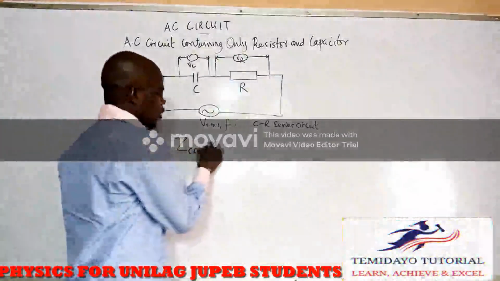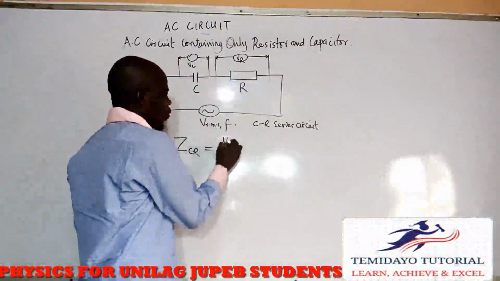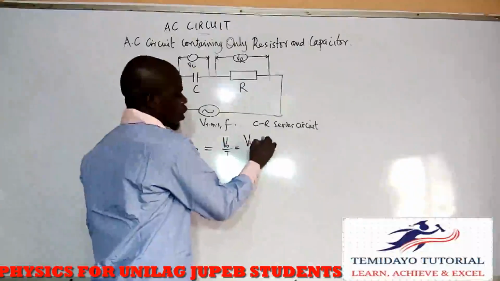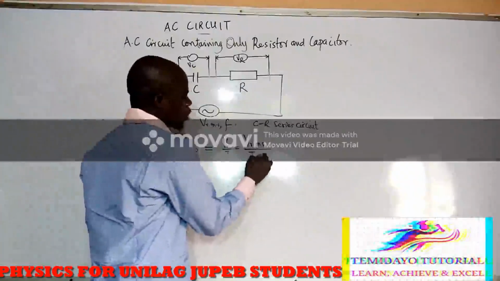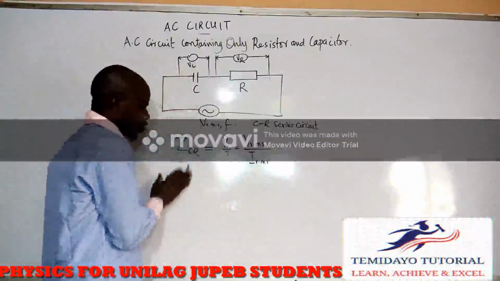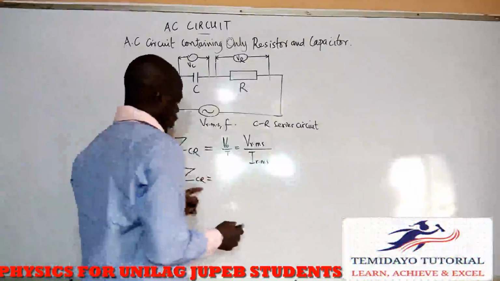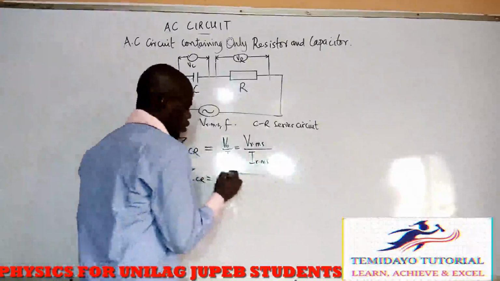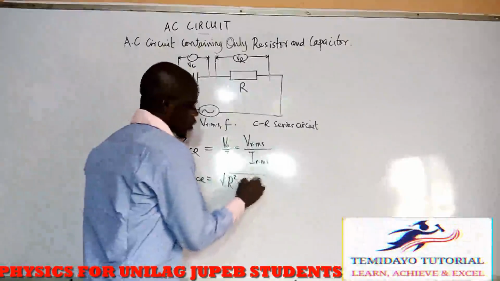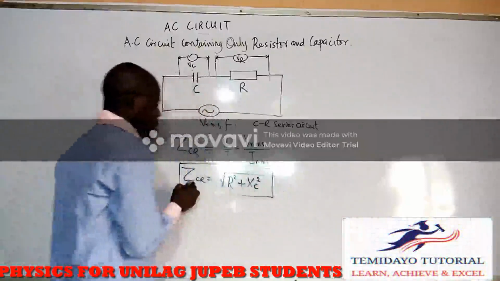We have established that it is the same thing as V naught over I naught, the same thing as V root mean square over I root mean square. And the same thing, Z for CR, is the square root of R squared plus Xc squared.